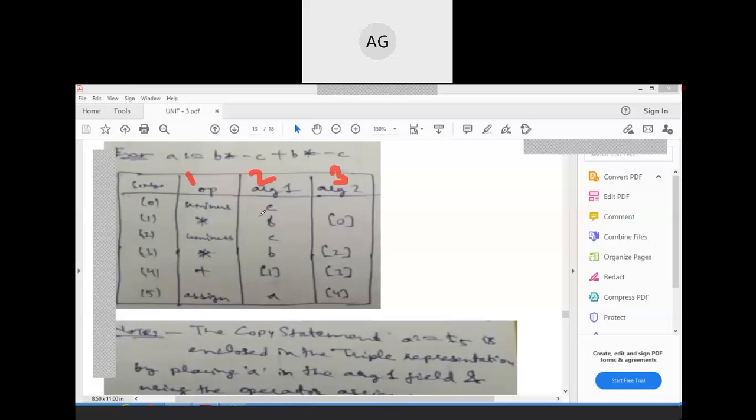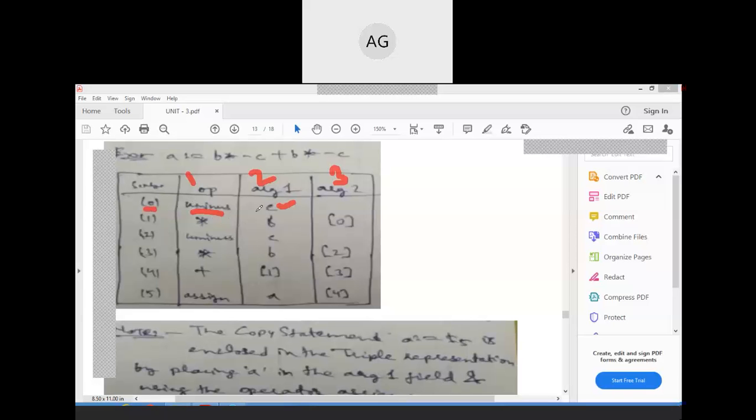So the triple structure of the first statement contains the operator as unary minus, and in argument one we have c, and its value is stored in the first statement.